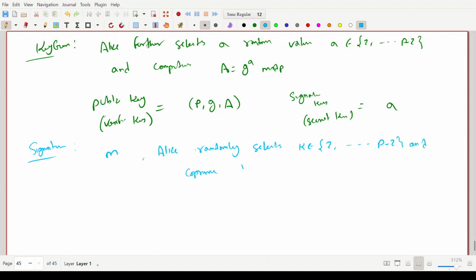She further computes the following two things.